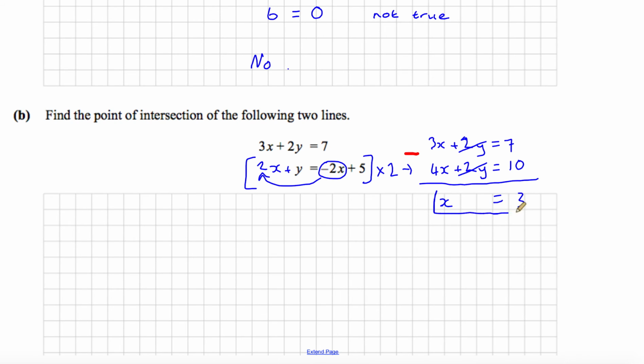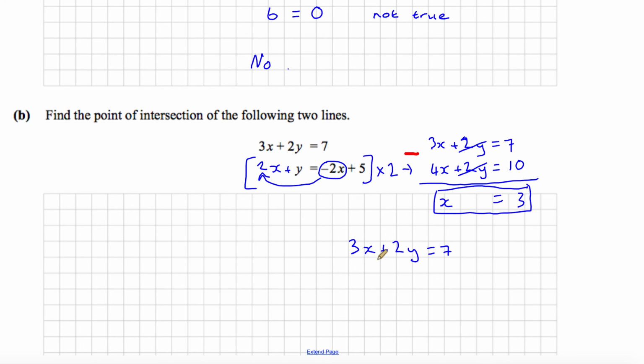So I'm going to box that answer off. So if x is 3, I'm going to substitute that value into one of these two equations. I'm just going to take the top one again. So 3x + 2y = 7.